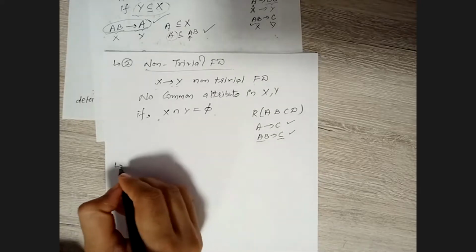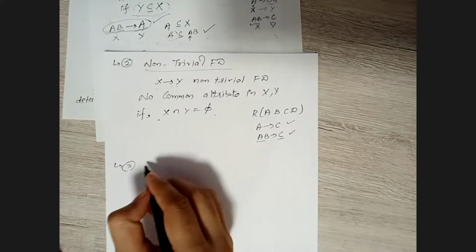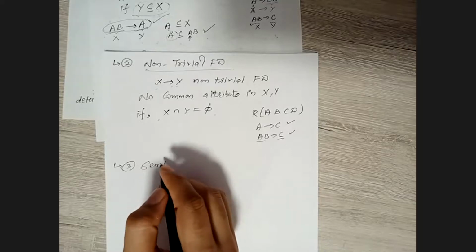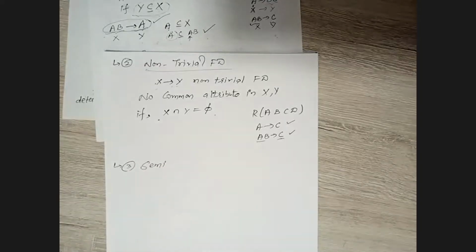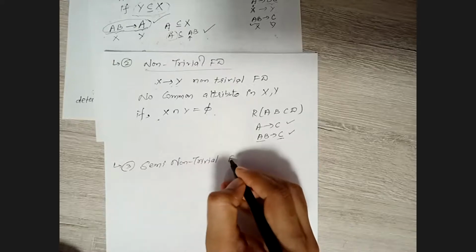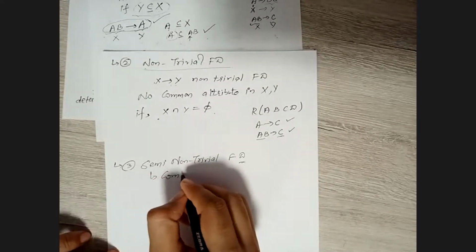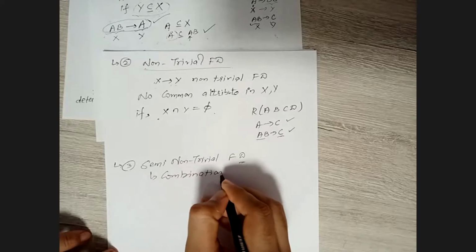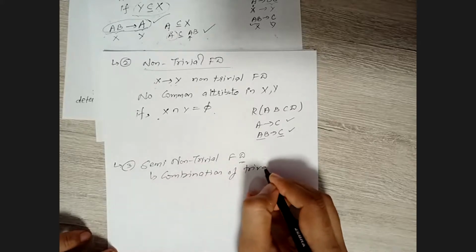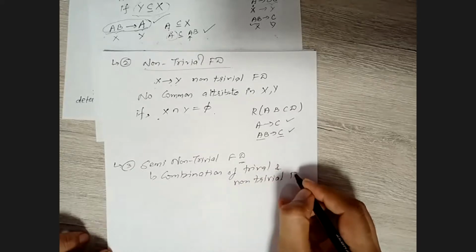The third and last one is the semi non-trivial functional dependency. These functional dependencies are a combination of trivial and non-trivial functional dependencies.